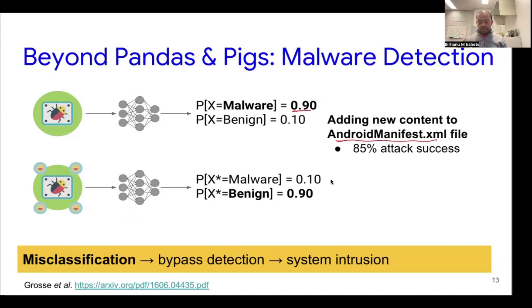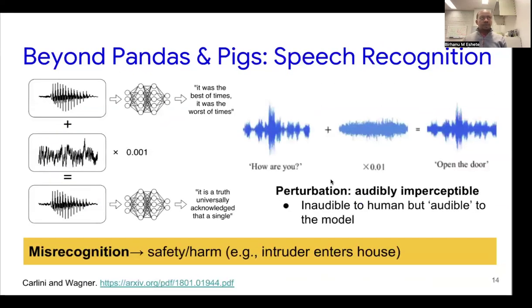And the authors of this paper down here show that it is possible to achieve about 85% attack success by just manipulating the Android manifest file without touching anything sensitive in the Android model. Okay, so that was on malware.